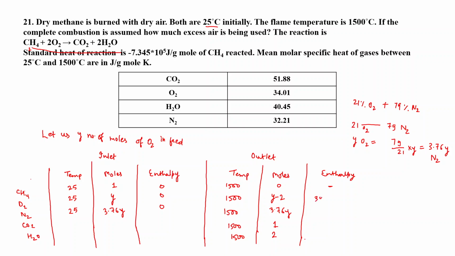For oxygen, it is 34.01 into 1500 minus 25.